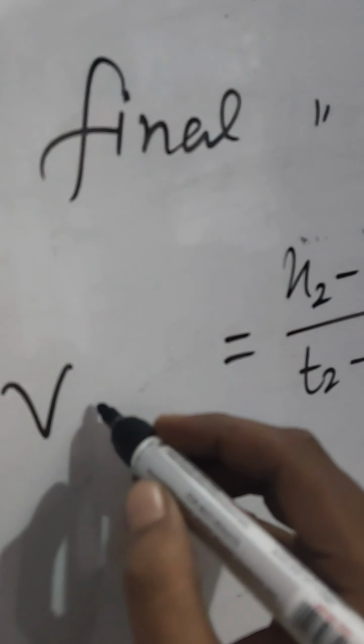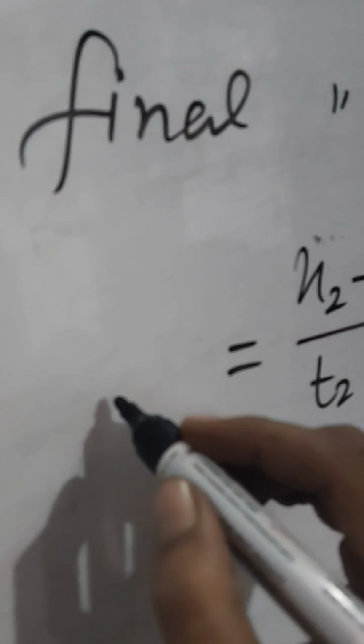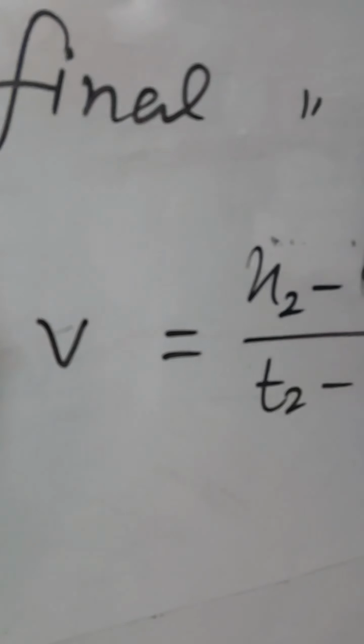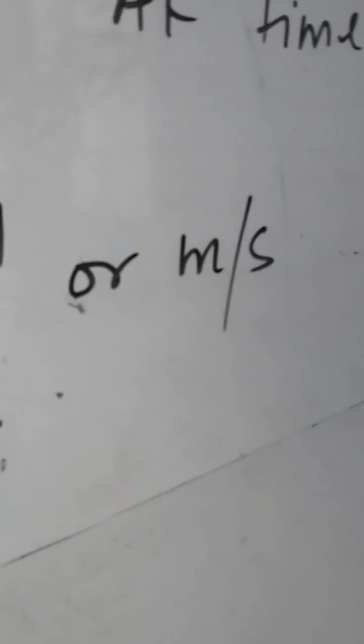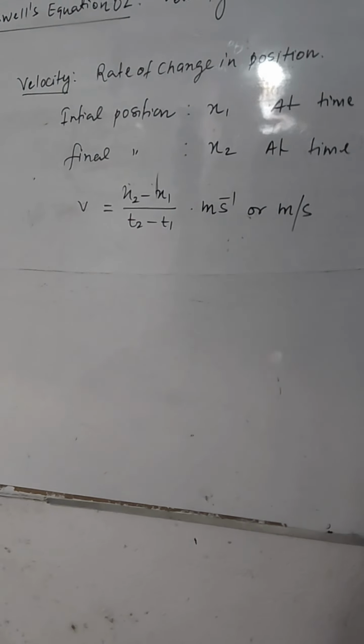This is called velocity, or I just write v. And the unit is meter per second. So that's it. This is the velocity.